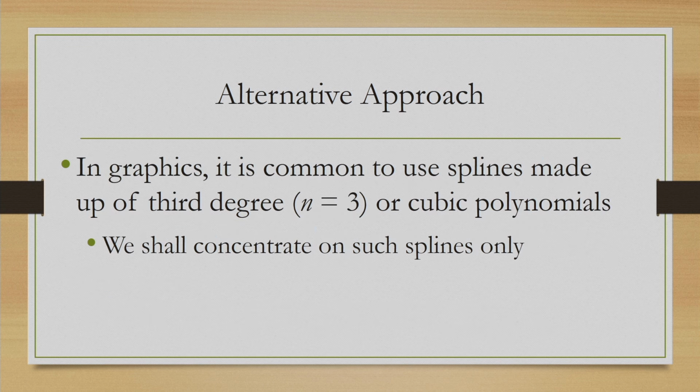In graphics, it is very common to use splines made of third degree or n equal to 3 polynomials, also known as cubic polynomials. In our subsequent discussion, we will concentrate on these polynomials only and corresponding splines only.